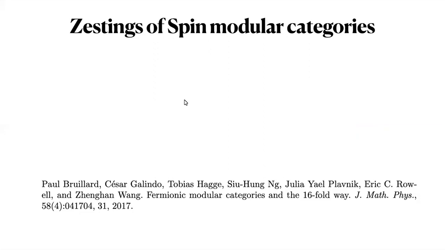Let me also, as an example, talk about something that we did some years ago in a paper with Paul Bruillard, Tobias Hagge, Richard, Julia, Eric, and Chen Han. In this paper, in some sense, zesting appeared for the first time.